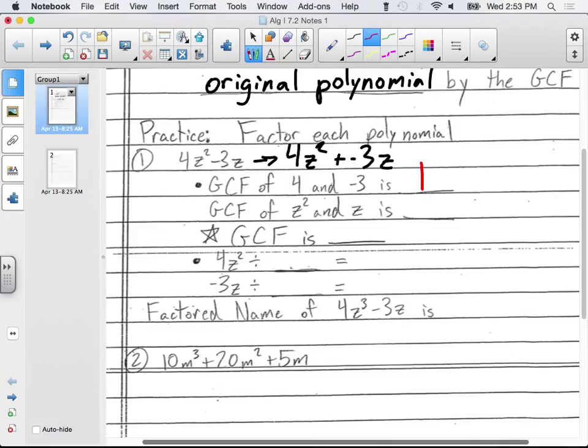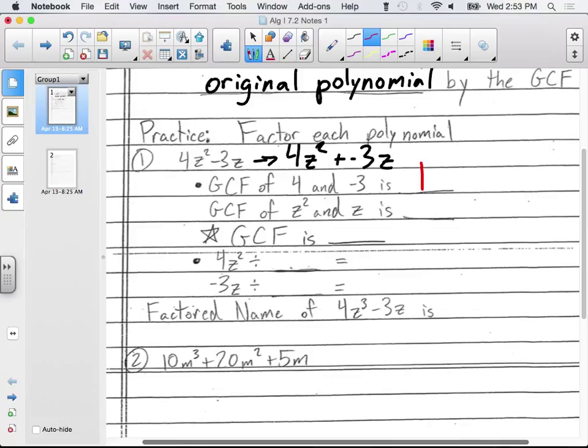Next thing we have to do is find the greatest common factor of the variable part. We have z squared and z. What does z squared really mean? Z times z. And z is just z, right? What's in common in both of them?